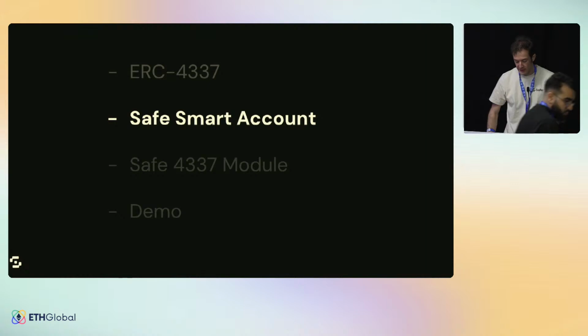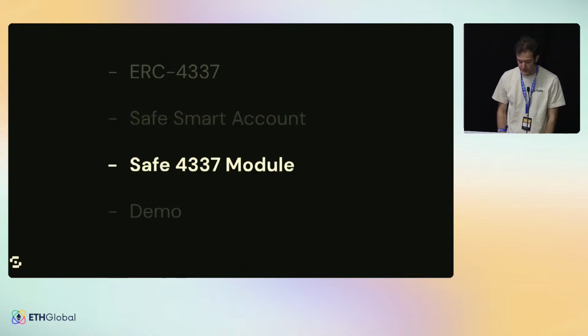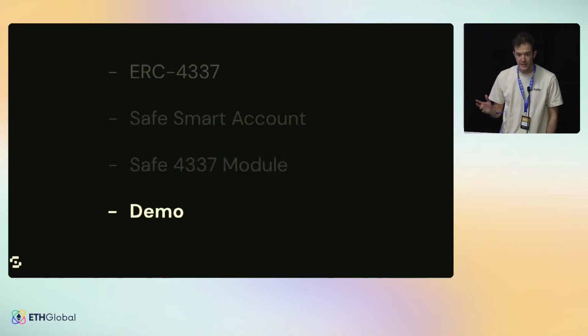Then I will cover how the SAFE Smart Account architecture allows this. I will show what the SAFE 4337 module is and how it is connected with the different actors and the 4337 stack. And finally, at the end, we will see a demo executing a user operation, getting it sponsored with the permissionless JS library and the Pimlico infrastructure.